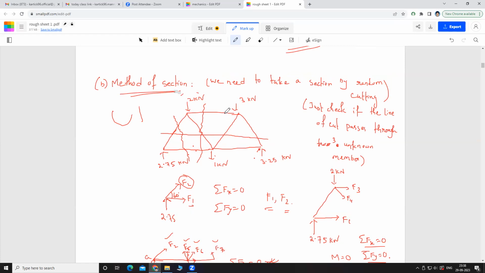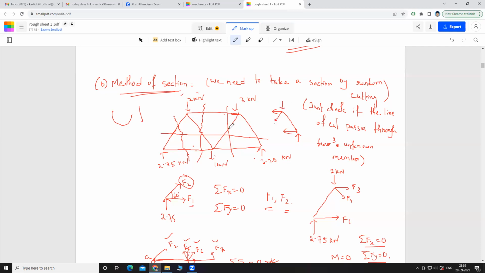Now these two sections are left. That means these two members. So cut from here. You can draw from this end also. If you draw from this end, here it is the force, here is the force, that was this section, and here is the force. Here we have 3.25, here it is 3.